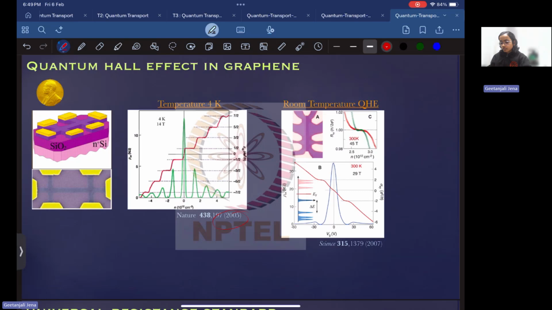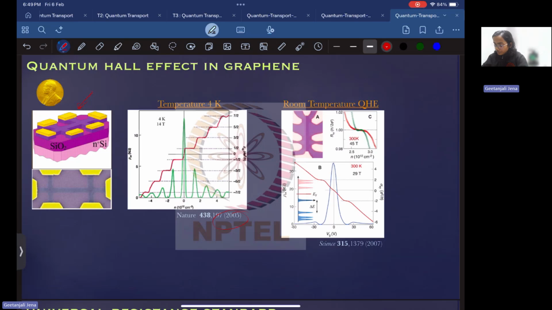But it has been found that if you use graphene, then it's possible to see the quantum Hall effect even at room temperature. So this is the schematic of the Hall bar that is used to see the quantum Hall effect in graphene.